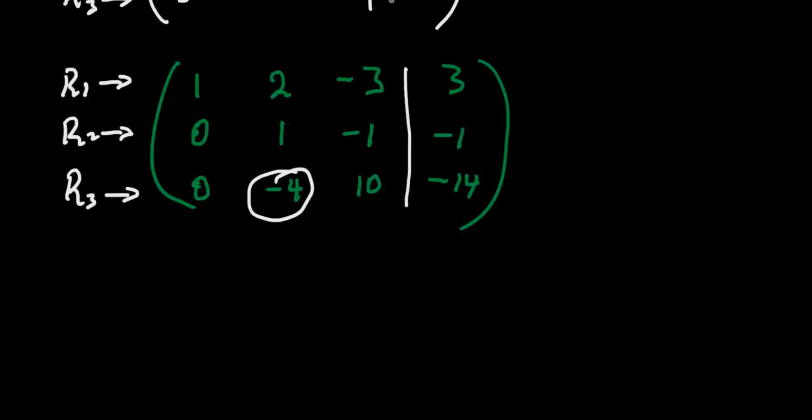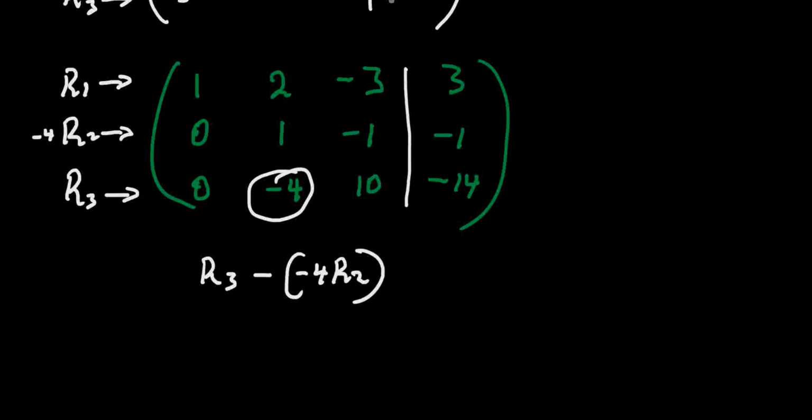Multiply it by negative 4. So if we multiply it by negative 4, we can now subtract. So let's multiply row 2 by negative 4, and we can now have row 3 minus negative 4 times row 2.